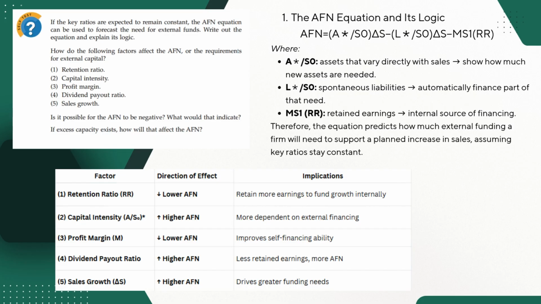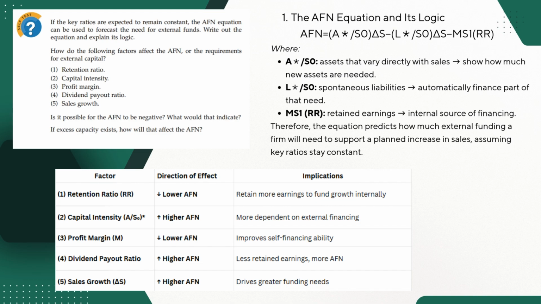We have another set of self-tests, and it says if the key ratios are expected to remain constant, the AFN equation can be used to forecast the need for external funds. Write out the equation and explain its logic.